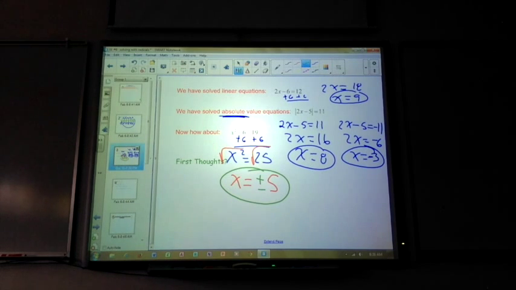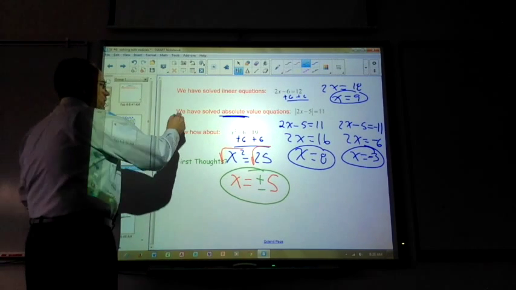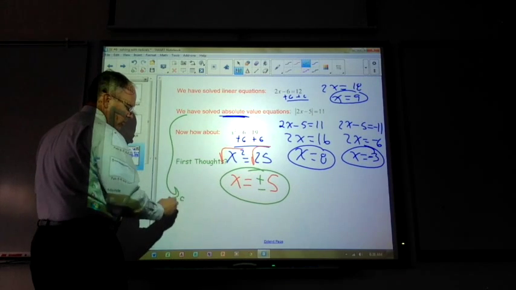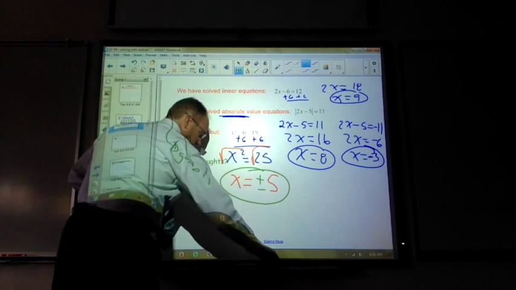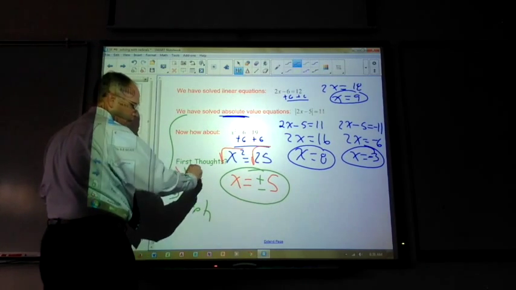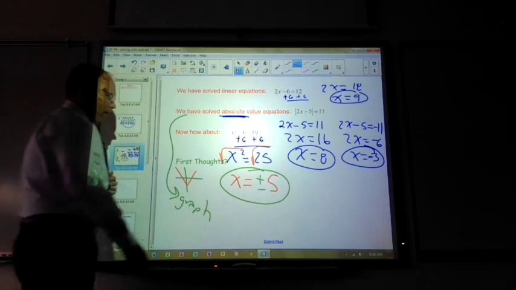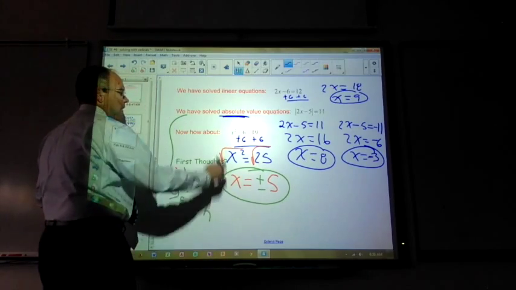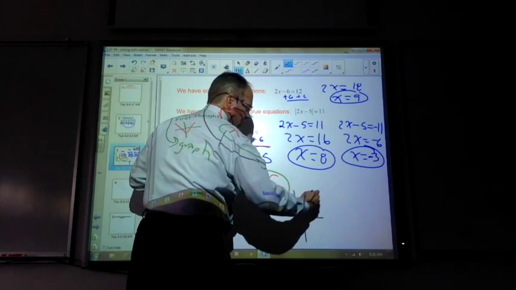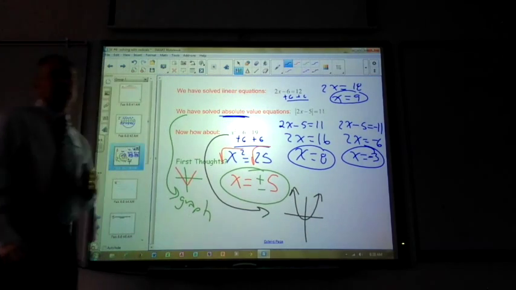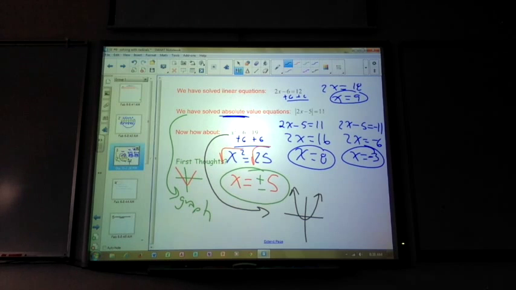Just off the cuff, if I graph an absolute value graph on your xy axis, it kind of looks like a V. But if I graph something like this, it looks like a V, but more rounded. So that might be the reason why there might be 2 answers. Might be. But we'll explore more of that later.